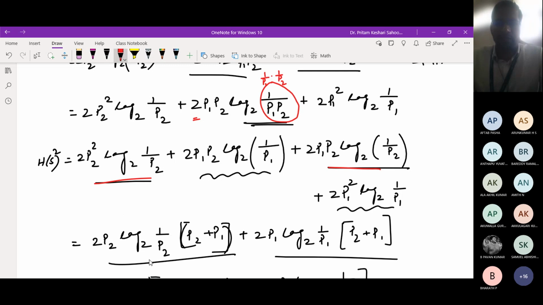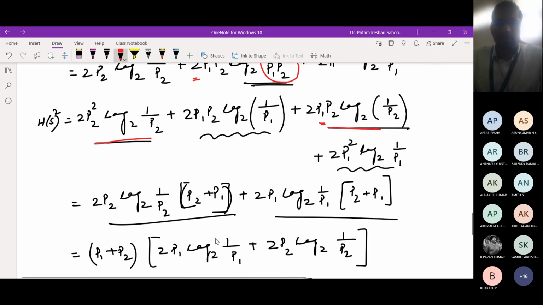So here it will be P2, and from here you will have P1. So you will have P2 plus P1. The same thing, by taking common from this term and this term, you will have this equation.